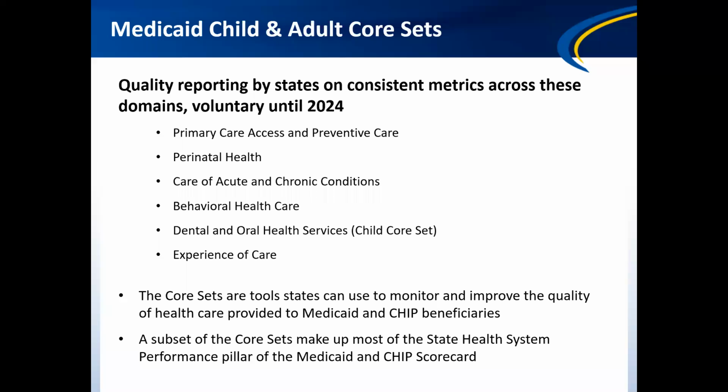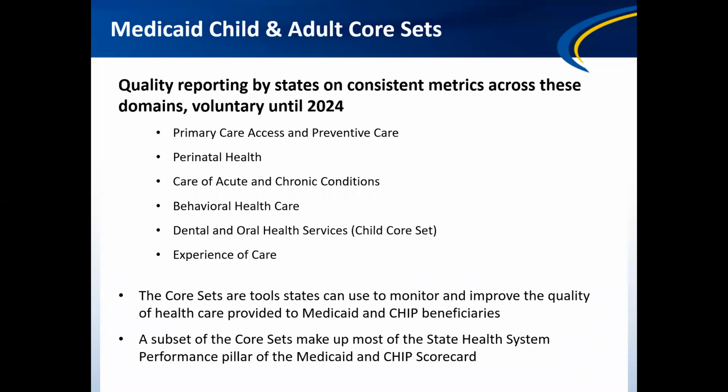The core sets consist of a set of measures that have been identified by our stakeholders as fairly core or of importance to most Medicaid programs and to allow for a little bit of comparability and tracking across states over time. You've also likely heard of the Medicaid and CHIP scorecard. At this time, a subset of the core sets make up the state health system performance pillar of the scorecard, but I'm really talking about our broader core sets today.